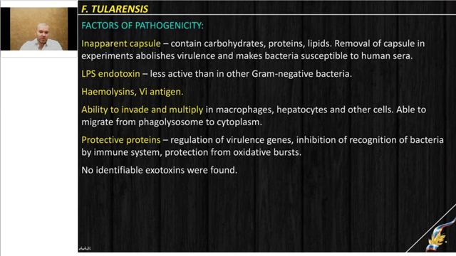So Francisella tularensis can hide from our immunity, and our cells will not recognize it as a pathogen. And again, they protect the bacteria from the oxidative burst of our enzymes, and sometimes in the phagolysosome the bacteria can survive thanks to those proteins. Then the bacteria can migrate to the cytoplasm and survive even in phagocytic cells.